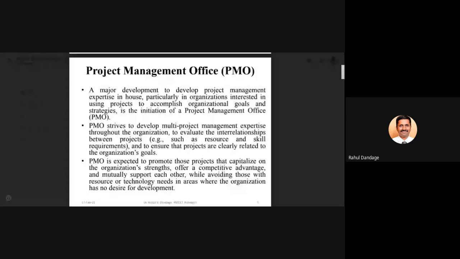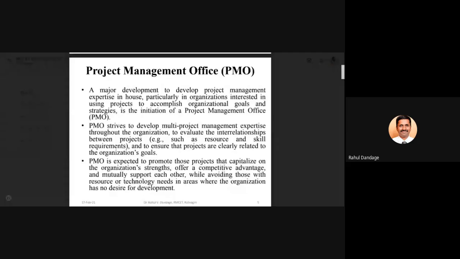But this kind of expertise you can get for a limited amount of time, or you are dependent on some people to give you the consultancy for project management philosophies and processes. Then why not develop this expertise in-house? If you want to develop project management expertise in-house, we must establish the project management office in your organization for the particular project.